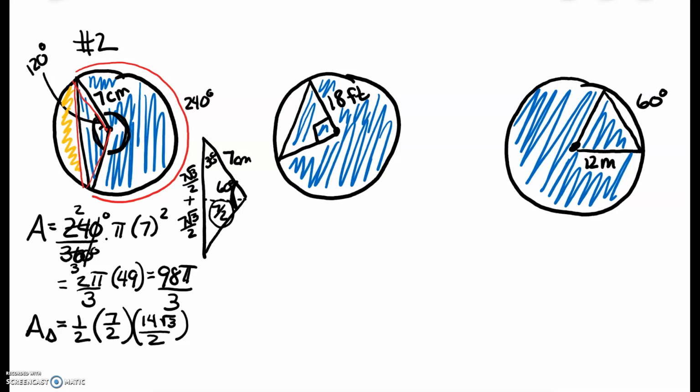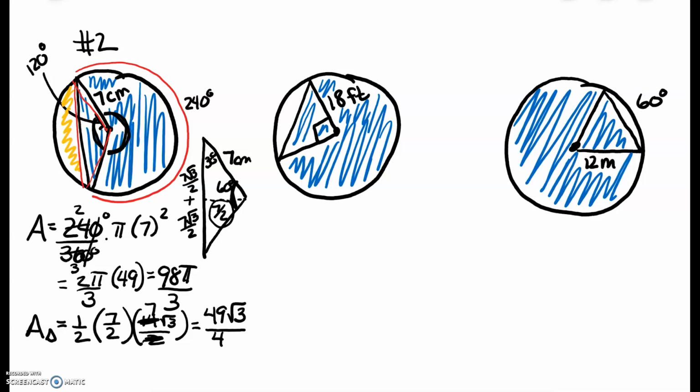And you can see that 14 over 2 reduces to 7. So when I multiply the numbers on top, I get 49 radical 3.